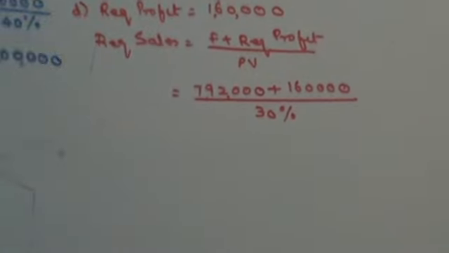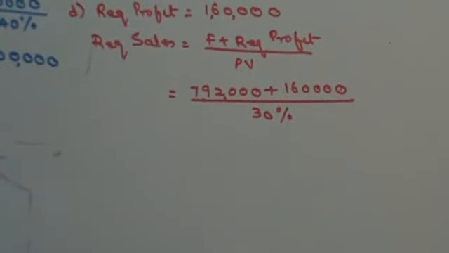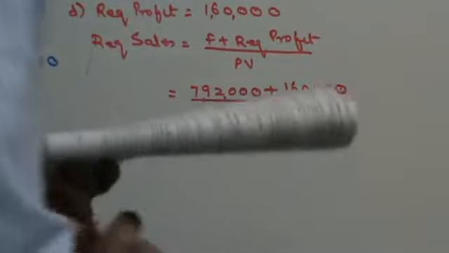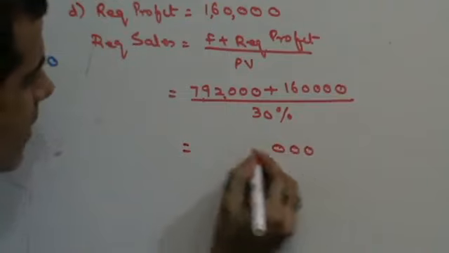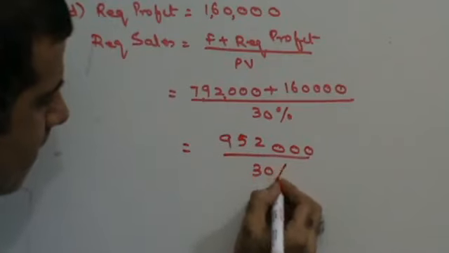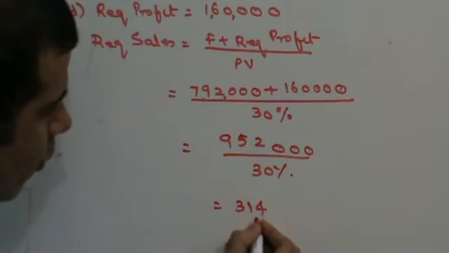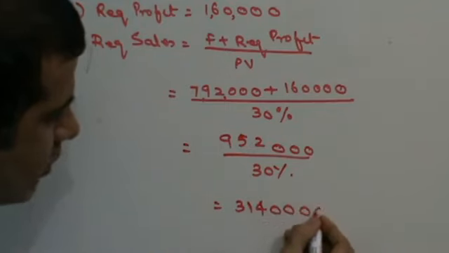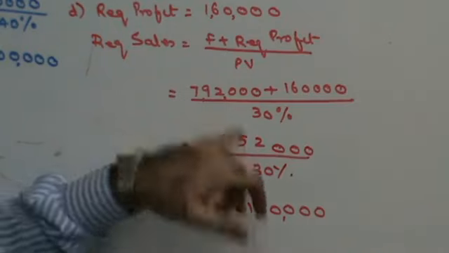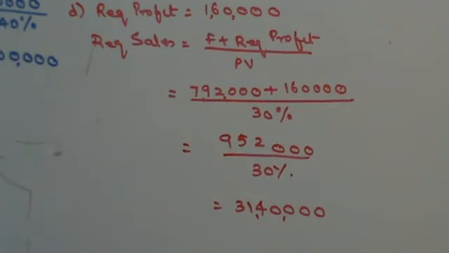Let's check the addition. 7,92,000 plus 1,60,000 is 9,52,000.